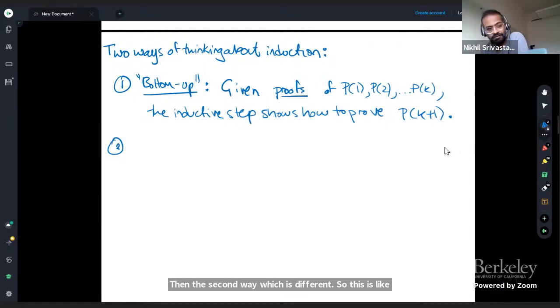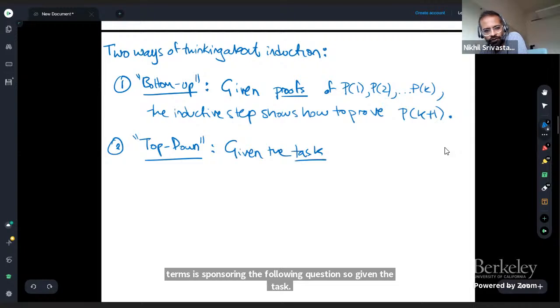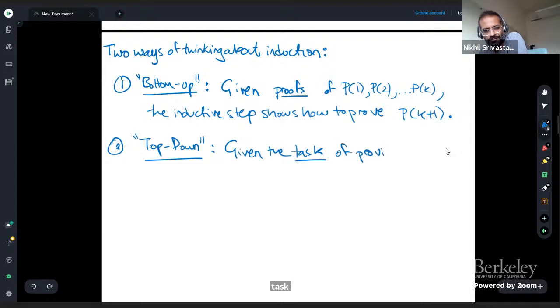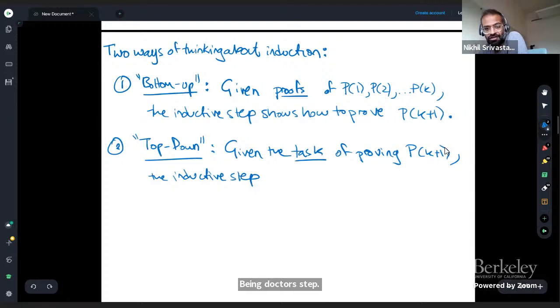The second way, which is called top-down, so these aren't in quotes because they're not mathematically well-defined terms, is answering the following question. So given the task of proving, so not given the proof, suppose I ask you to prove PK plus 1. The inductive step reduces this to the task of proving PK.